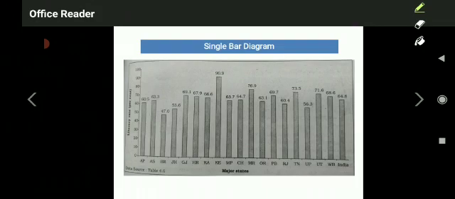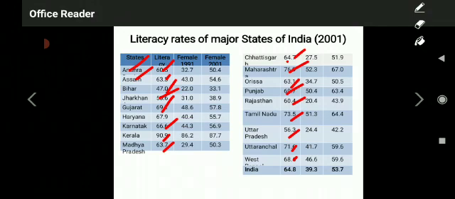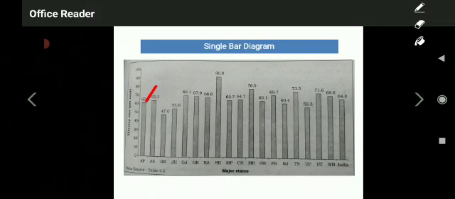Okay, look at the width and space of each of the bars. The first one is Andhra Pradesh. What is the percentage of literacy rate in Andhra Pradesh? If you look at it, it is 60.5. So that can be shown with the help of the single bar diagram.